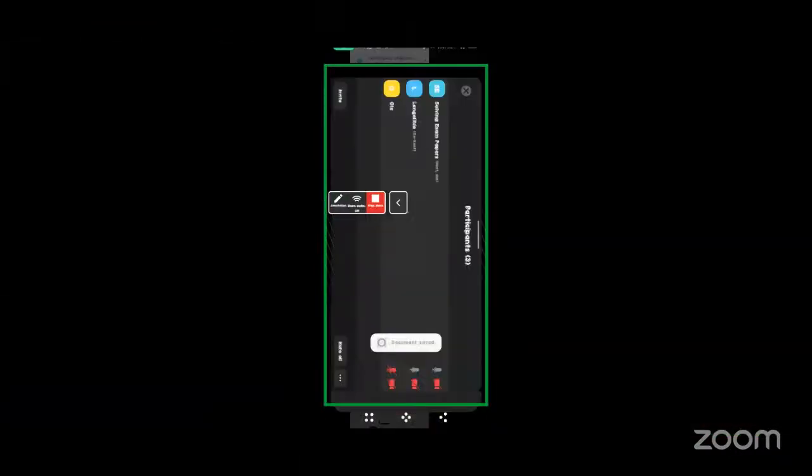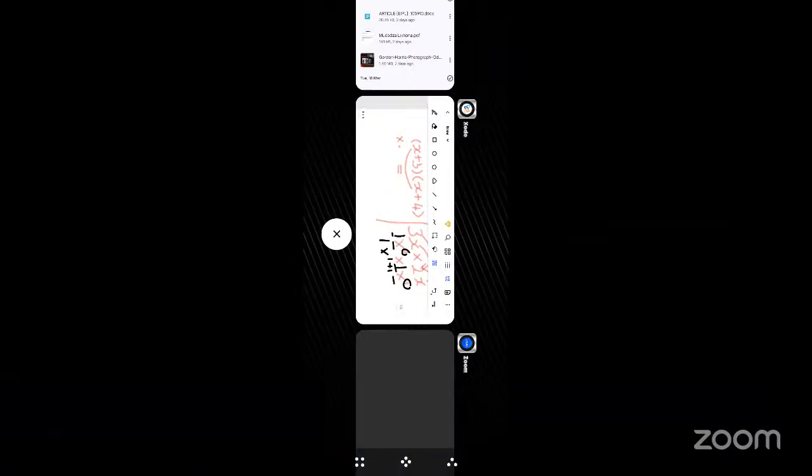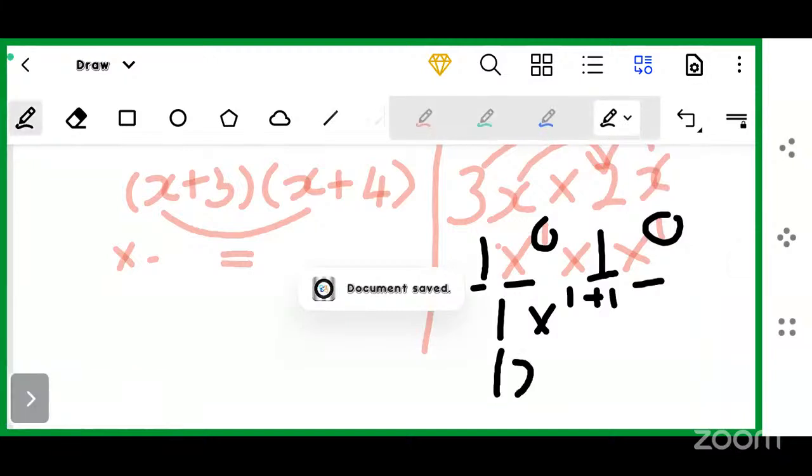Ma'am, 1 plus 1 is 2. Perfect. Are we agreeing, Ole? Yes. Perfect. So what you're gonna have is 1x to the power of 2. So that's when you are multiplying the same bases.